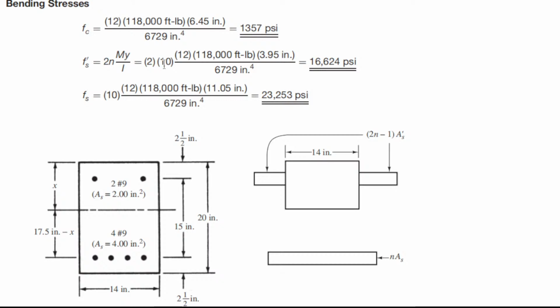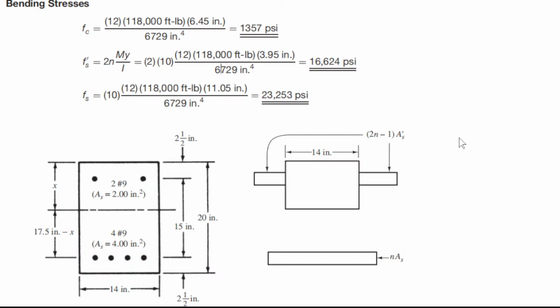So 2n is 10, 12 is a conversion factor, M is 118, and 3.95 inches is y. This is the distance from the center of the top bar reinforcement to the neutral axis. And then again use the inertia.